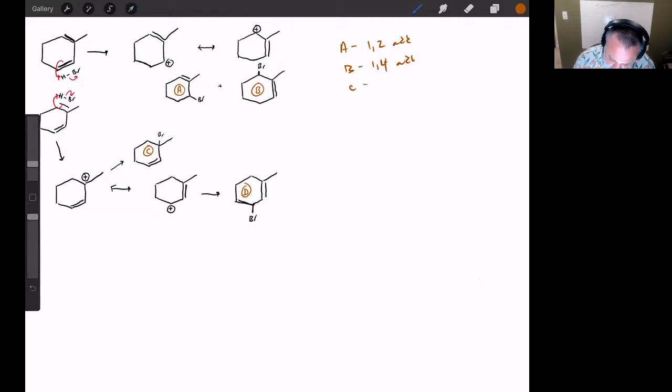C is the 1,2 adduct. And D is the 1,4 adduct. So we think that the 1,2 adducts would form faster, and we think that it's going to do that through proximity effect.